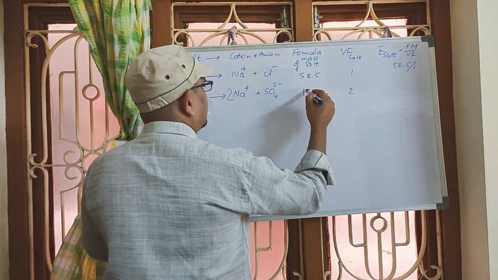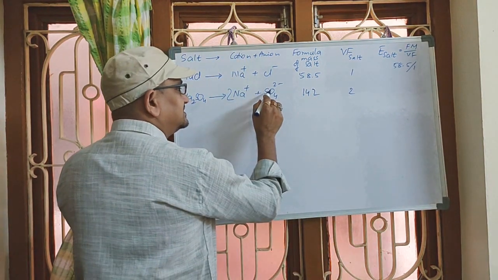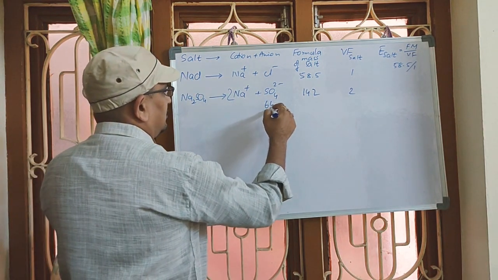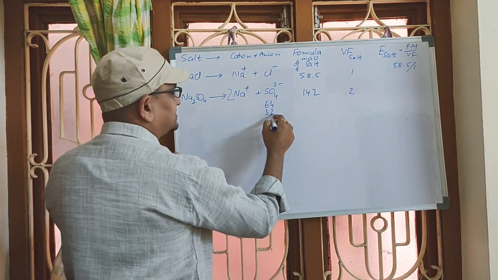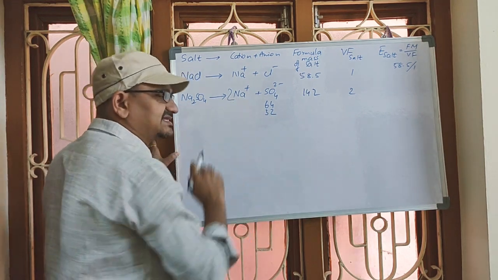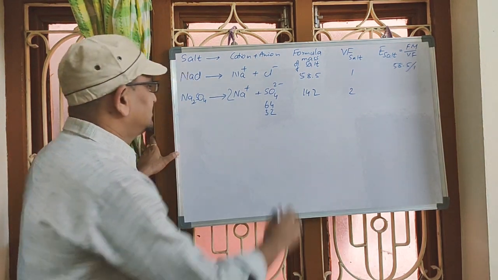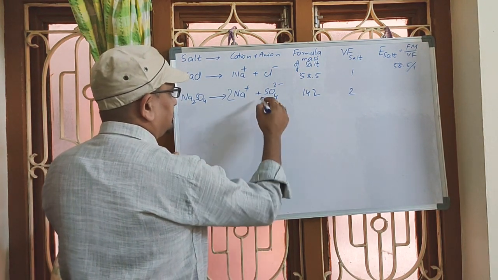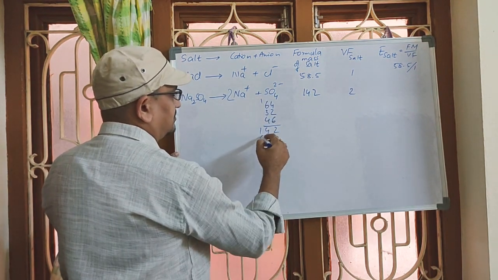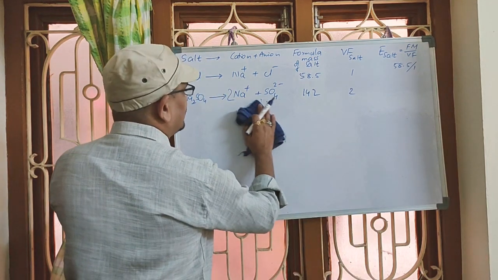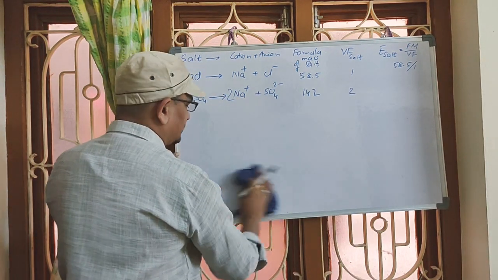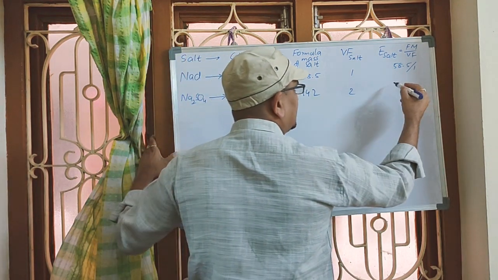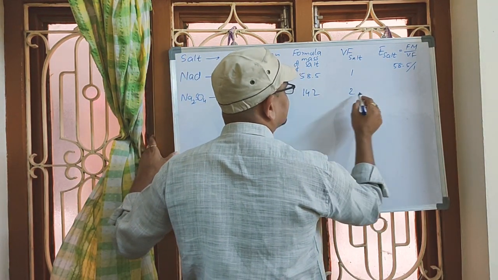Now, 142 is the mass. We have to cross check the molar mass values or formula mass values always. 142, valency factor is 2. So equivalent mass is 142, formula mass by valency factor.